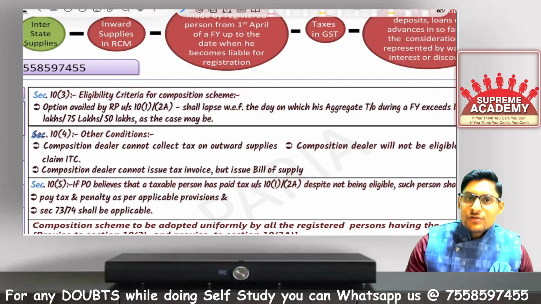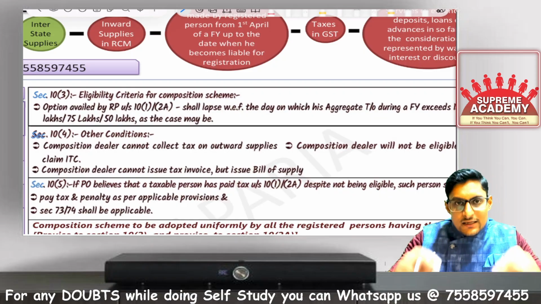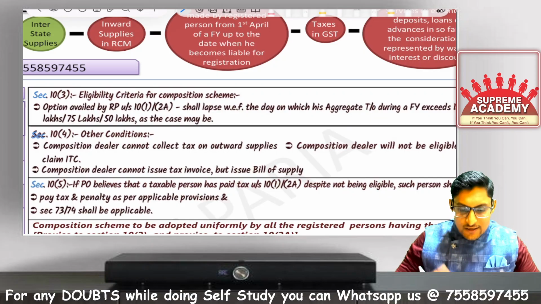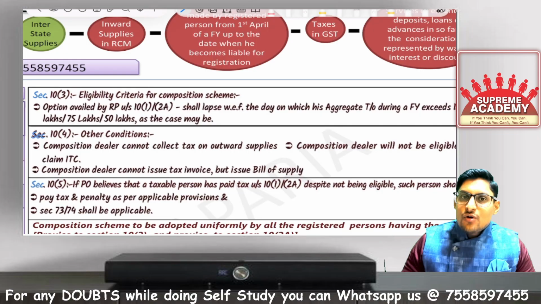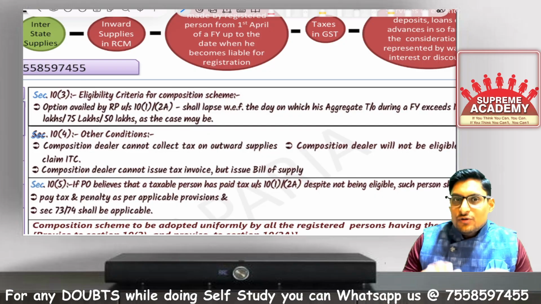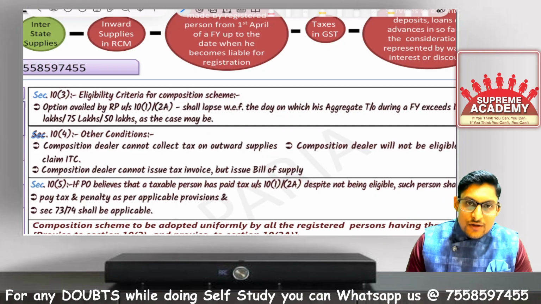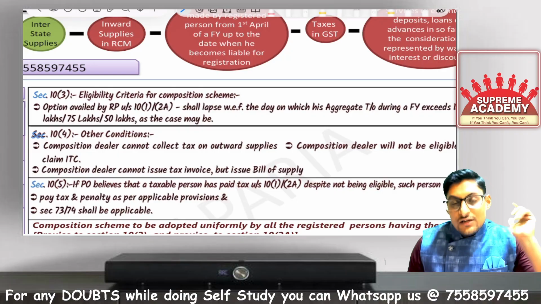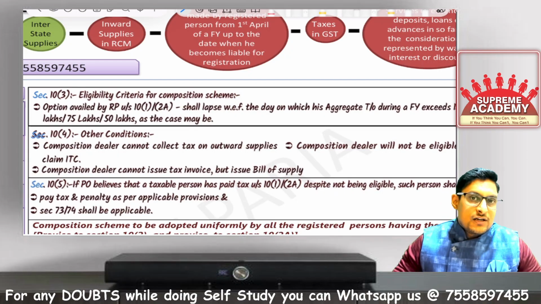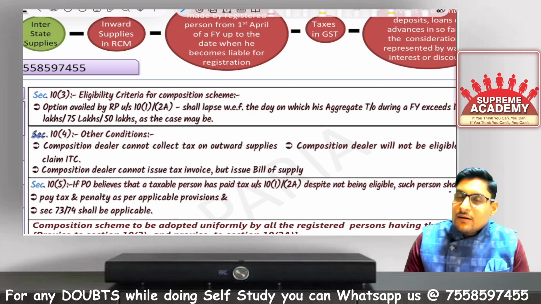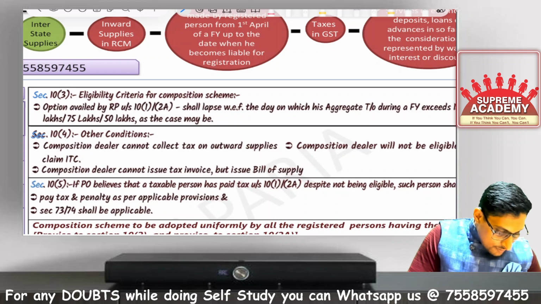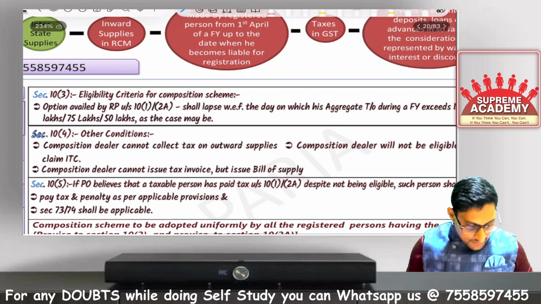But you also have to take care that in the current financial year, while your composition scheme is going on, in that period also your aggregate turnover should not cross the prescribed limit. So you have to check the preceding financial year and also the current financial year in which you have opted for the composition scheme. Both turnovers you have to check. That is section 10.3.